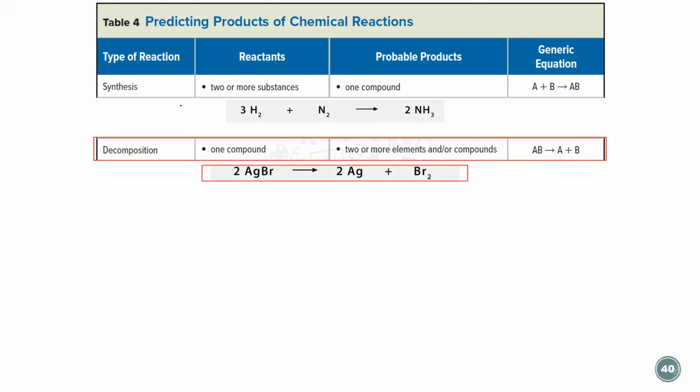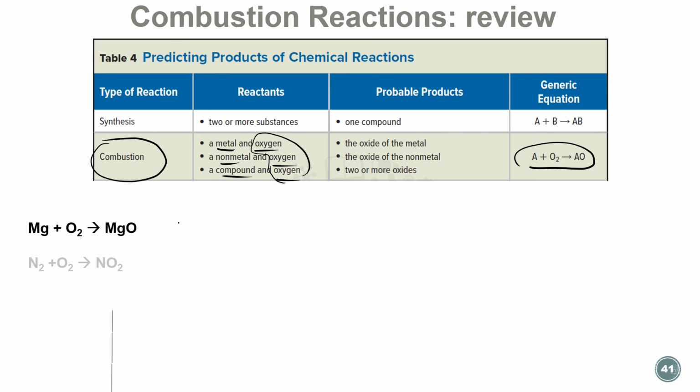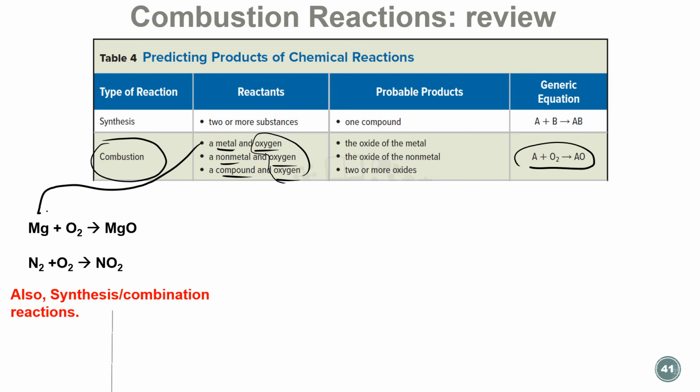And we talked about combustion reactions. The reactants can be a metal with oxygen, a non-metal with oxygen, or a compound with oxygen. The most important thing is that I have oxygen, right? And this is the general formula, and this is just an example. For example, this is a metal with oxygen.